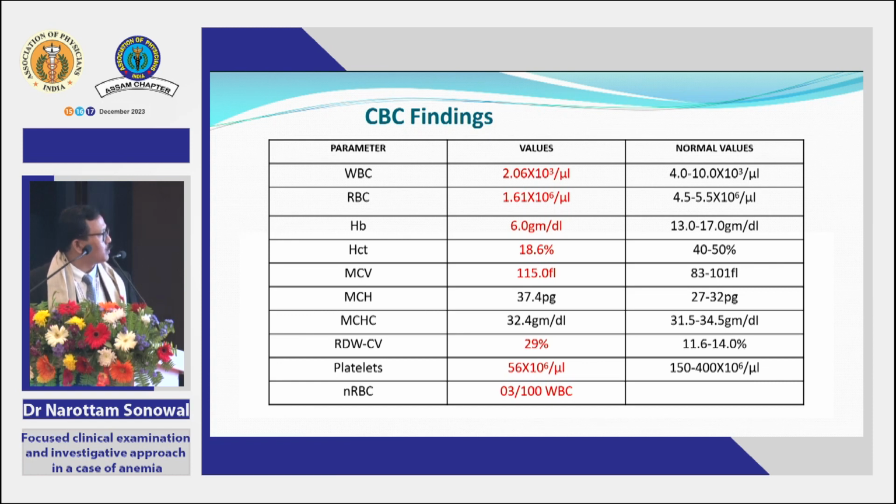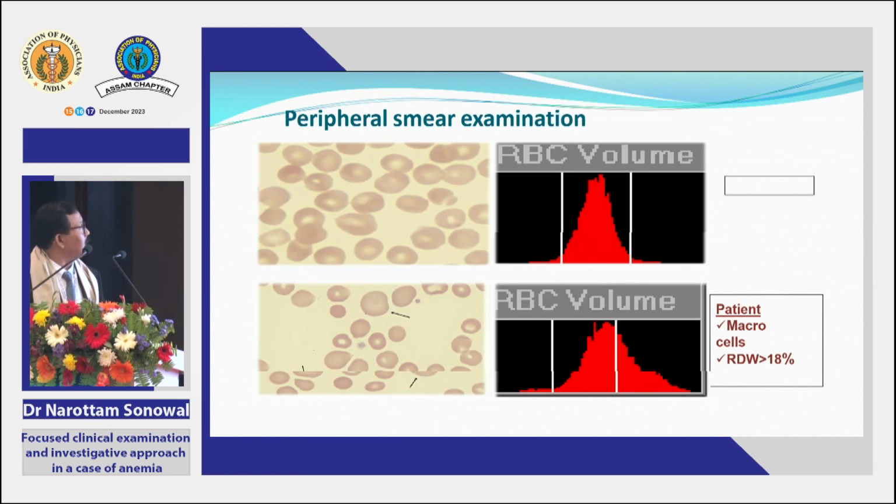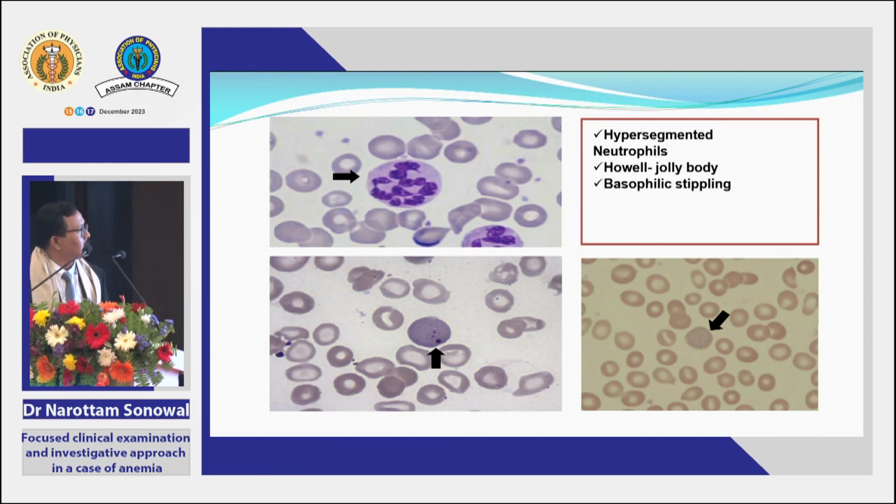Red cell distribution width is 29%, platelet count 56 into 10 to the power 6, low, and NRBC is 3 per 100 WBC. The peripheral smear shows red cell distribution width more than 18%, hypersegmented neutrophils, Howell-Jolly bodies, and basophilic stippling.